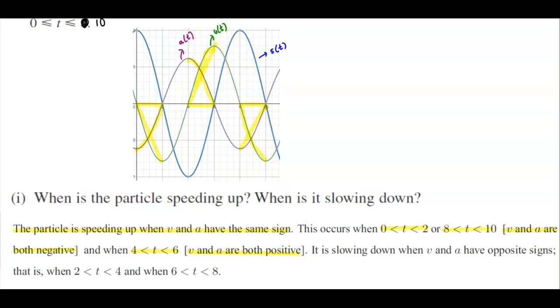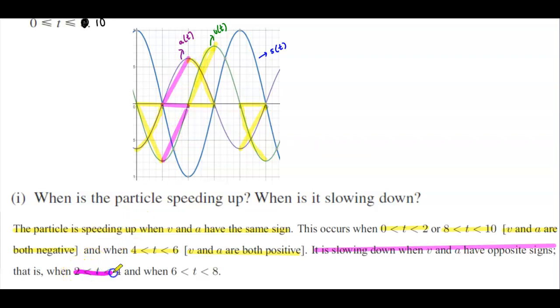Okay, so now what we want to do is determine when it is slowing down. And it's slowing down when the velocity and acceleration have opposite signs. So if we take a look at the interval between 2 and 4, we can see that the velocity function is negative and the acceleration is positive.